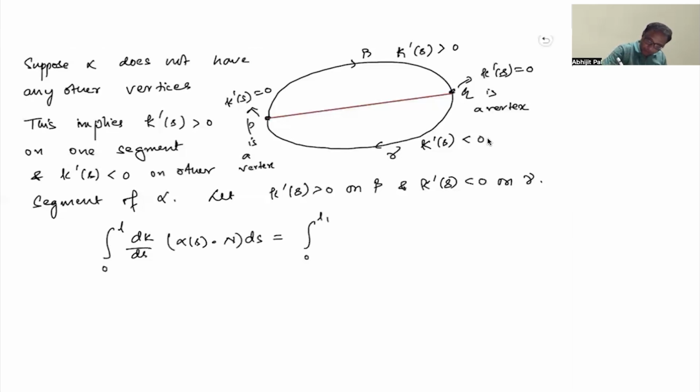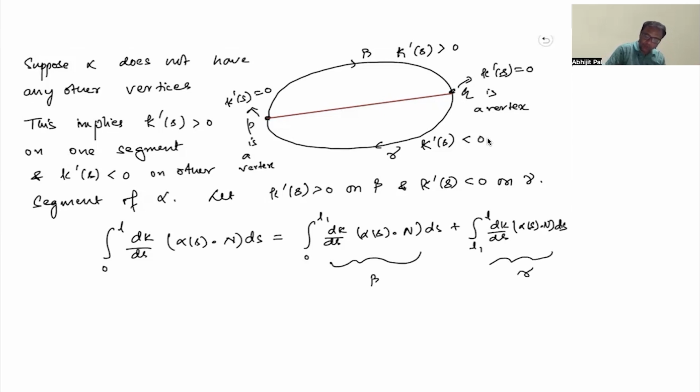Let me write like this: the integral from 0 to L1 of dk/ds alpha(s) dot product with n ds plus the integral from L1 to L of dk/ds alpha(s) dot product with n ds. So this integral corresponds to your beta, and this integral corresponds to your gamma.